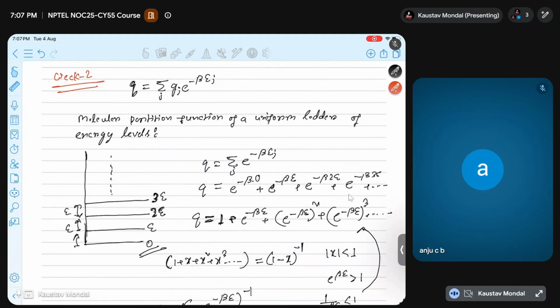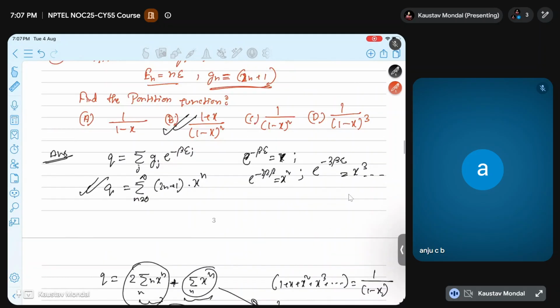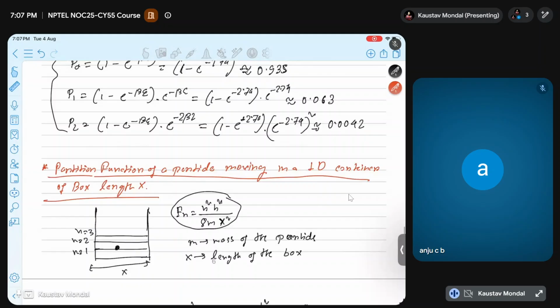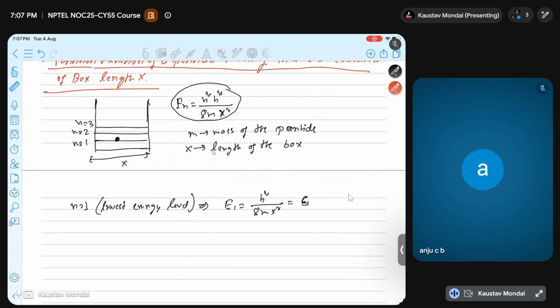But in this case, when the particle is trapped inside an infinite quantum well, the ground state energy is not 0. It has a particular value which is given by this.